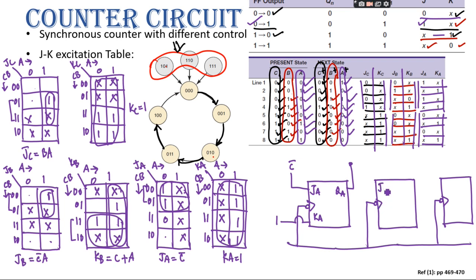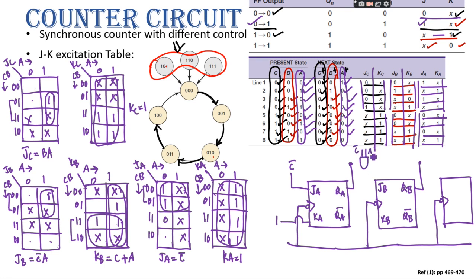Again, now it is JB and KB. Here you should have QB and QB bar. Here I should write QA bar. So QB should go in the output. So for my JB, what should be the input? C bar A. It should be an AND gate. Yes, sir.